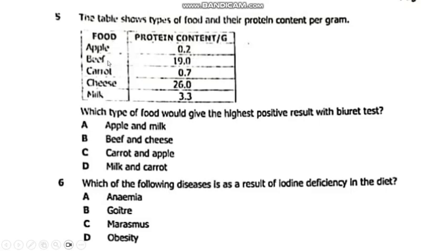Beef, 19.0. Carrot, 0.7. Cheese, 26.0. Milk, 3.3. Which type of food would give the highest positive results with the biuret test? A, apple and milk; B, beef and cheese; C, carrot and apple; D, milk and carrot.